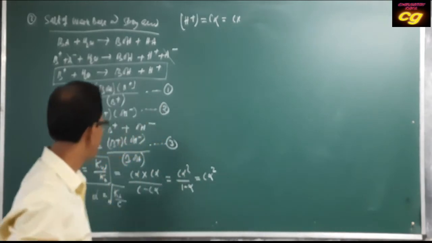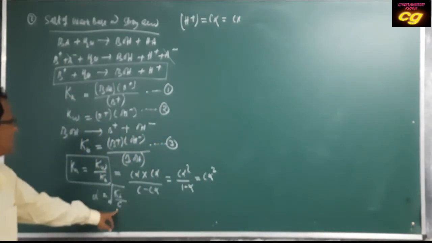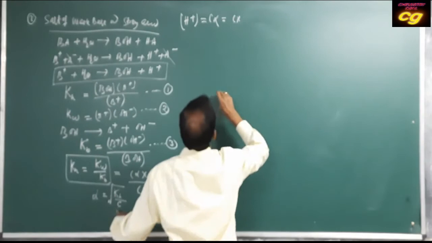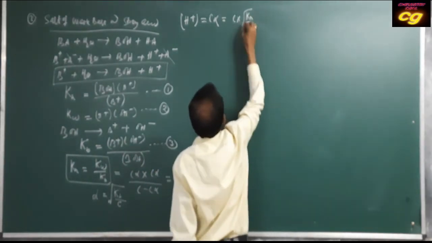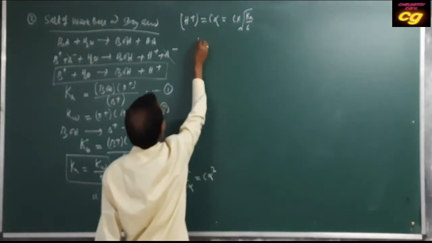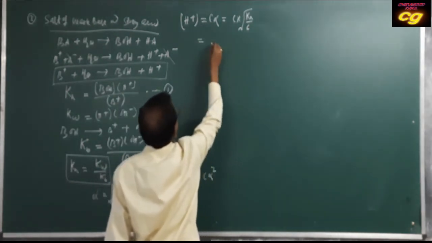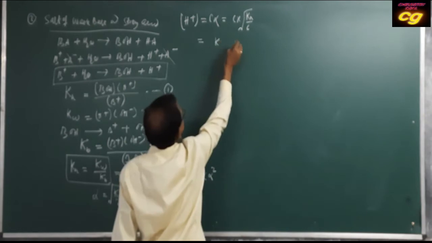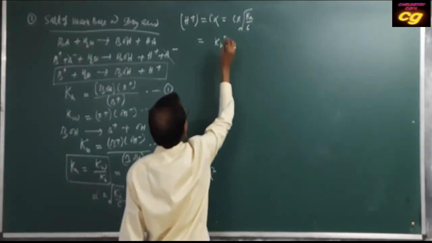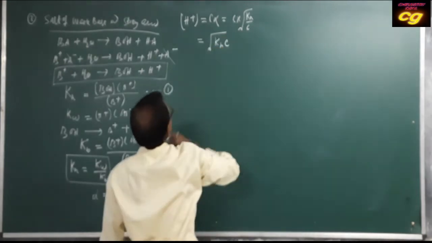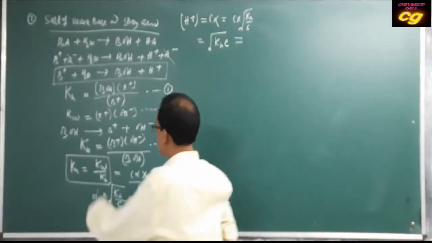You put this value in the alpha region, C into, what is the value of alpha? Alpha is Kh by C, square root, which is equal to Kh into C, square root. But what is the value of Kh as per the equation?